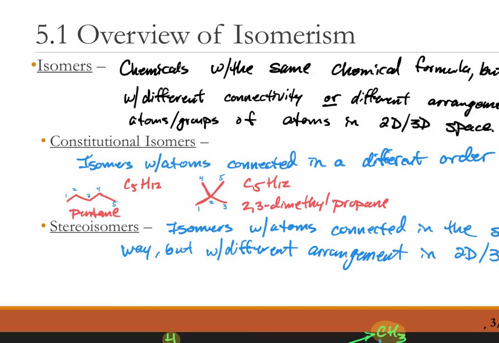Carbon-carbon bonds, in the case of the pentane and 2,3-dimethylpropane, they would have to be broken, and then maybe carbon-hydrogen bonds would have to be broken, and things just rearrange themselves and attach in different places than before. So they're different molecules, as constitutional isomers.